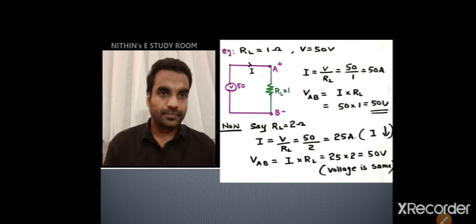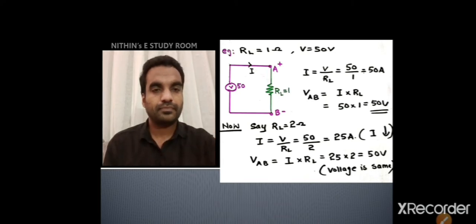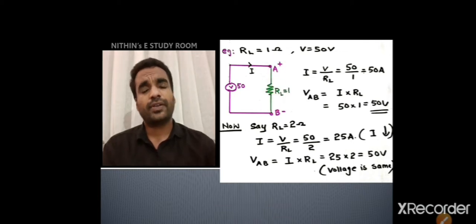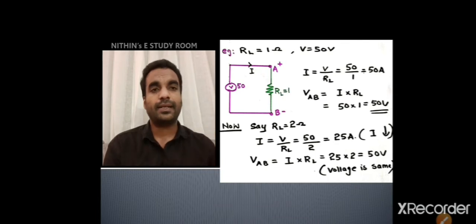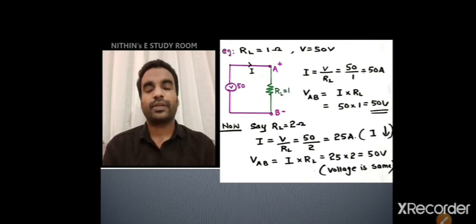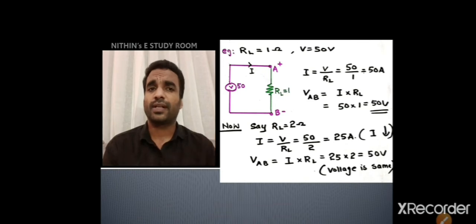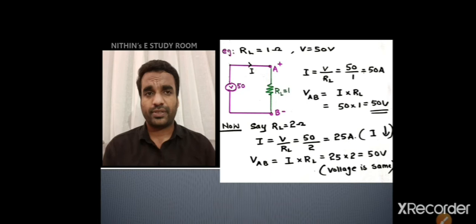Now what is the voltage VAB between the terminals A and B? We can find VAB by multiplying the resistance by the current passing through it, I into R. So current is 50 amps and resistance is 1 ohm. So VAB is 50 into 1, that is 50 volt. Now what is your conclusion?